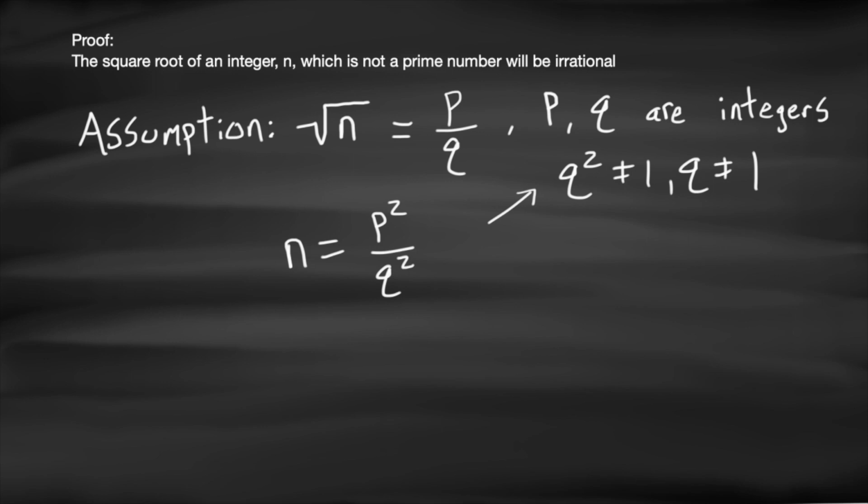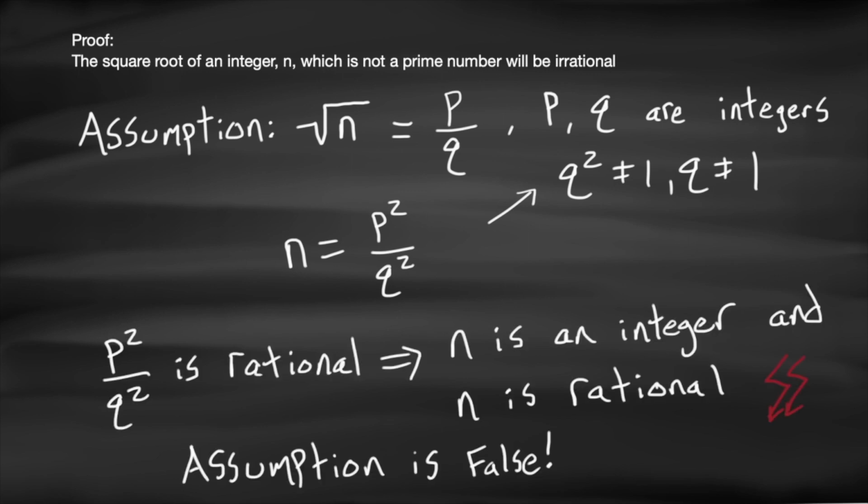So that means that P squared over Q squared does not simplify any more than this. Which means that N, being equal to P squared over Q squared, is not an integer, as P squared over Q squared is rational. Therefore, N is an integer and N is not an integer, which is a contradiction. So this means that our assumption is false.